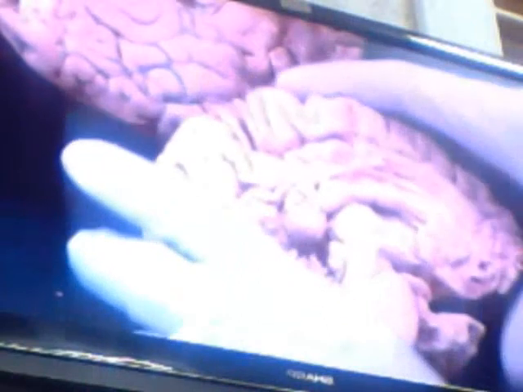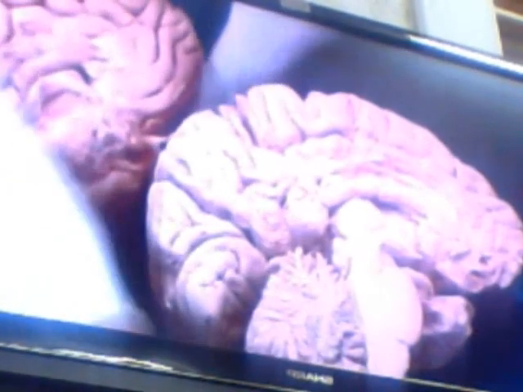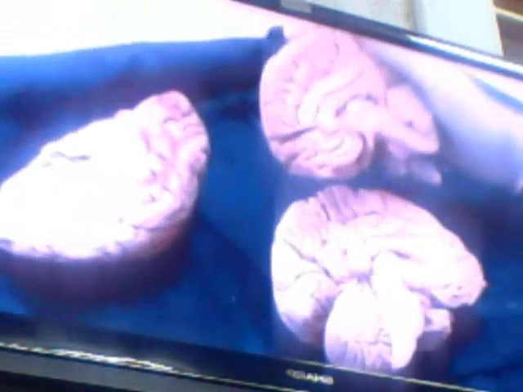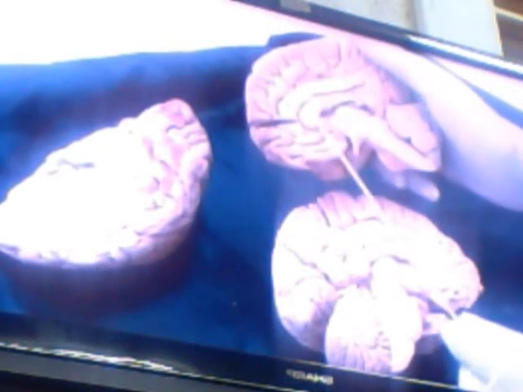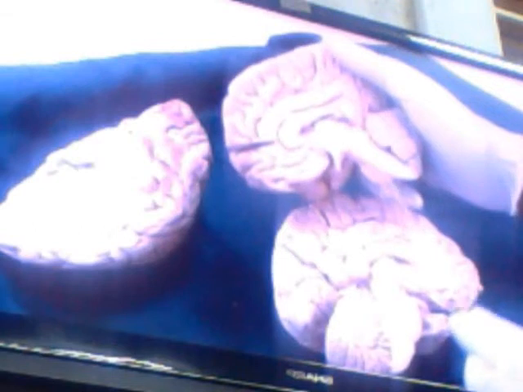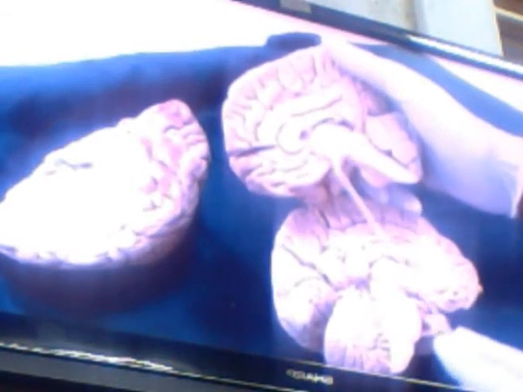Alright. Now, the other lobe that we haven't spoken about is the limbic lobe. And the limbic lobe is on the medial side of the brain. If we were to cut the brain in two, we'll have to contend with this commissure that is present here, which is the corpus callosum.